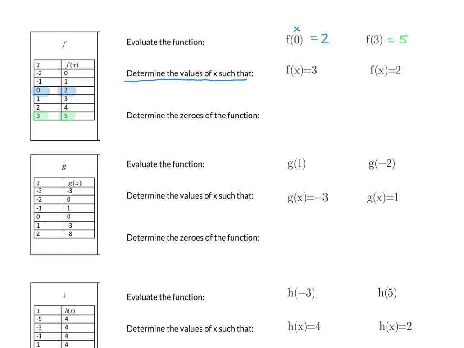We have f of x equals 3, meaning I want to look in my f of x column and find 3, and I want to know what is x when f of x is equal to 3. We get x equals 1.